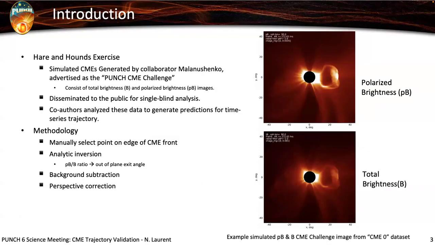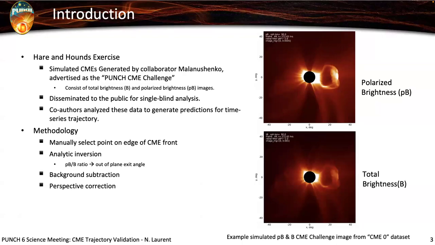Okay, so this was performed as a single blind study with the PUNCH CME challenge data. So we did our calculations, performed our model on both the set of polarized brightness and total brightness images that were disseminated to the public, and then compared these in the end to the set of ground truth data.